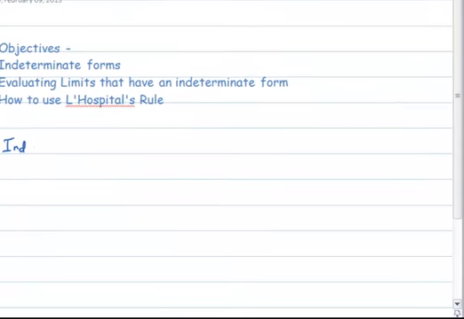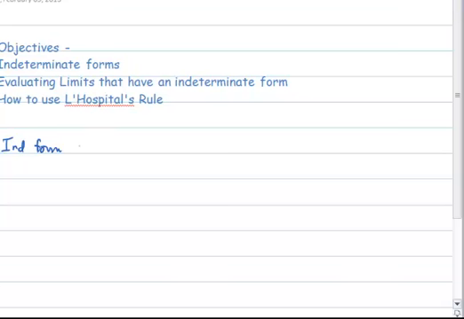An indeterminate form is a form that when you evaluate a limit, you get the result of either 0 divided by 0, infinity divided by infinity. You might get 0 times infinity, infinity times 0. You may also get infinity minus infinity.